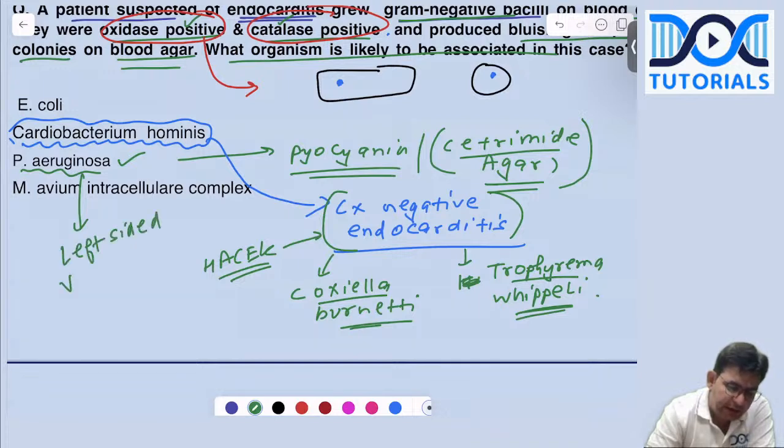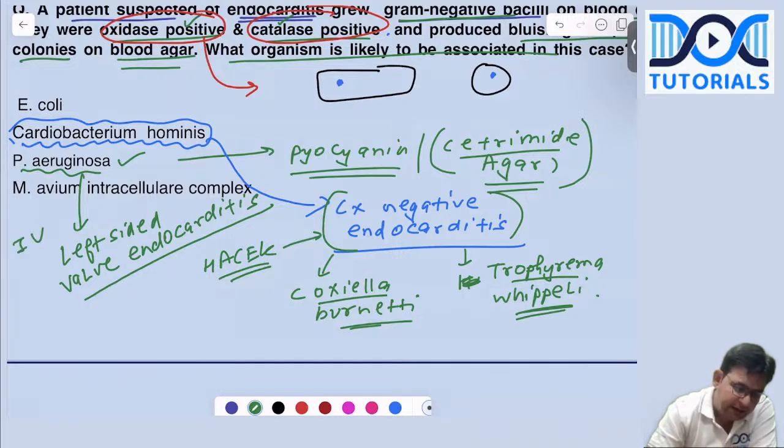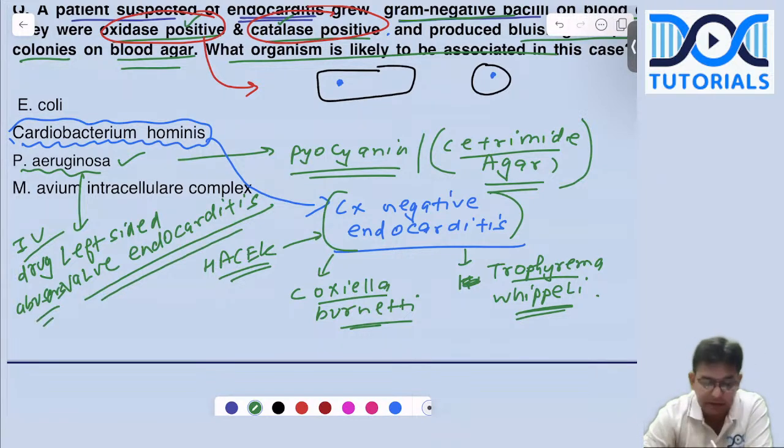Left-sided valve endocarditis is most commonly seen in IV drug abusers. In IV drug abusers, left-sided valve endocarditis is caused by Enterococcus along with Pseudomonas.